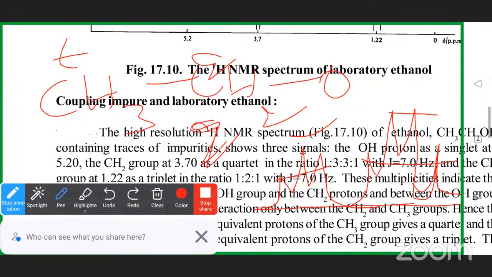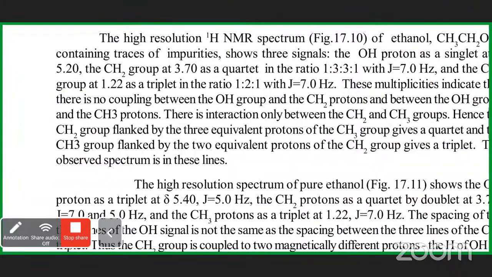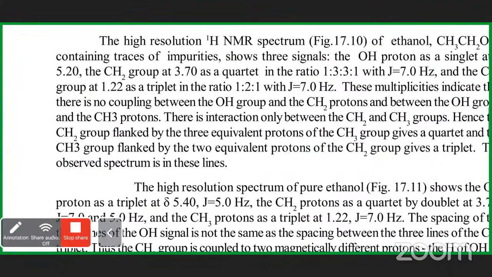Anywhere you go for an interview, in faculty interviews or CSR interviews, they will ask this question first: how many signals will you get for pure alcohol and how many for impure alcohol? You must differentiate these two alcohols and explain the reasons for getting three signals for pure alcohol and two signals for impure alcohol.